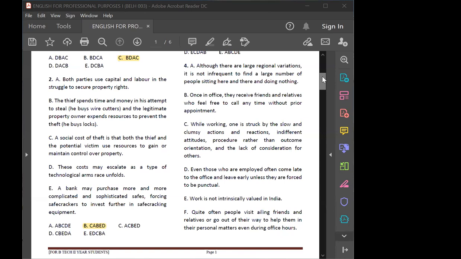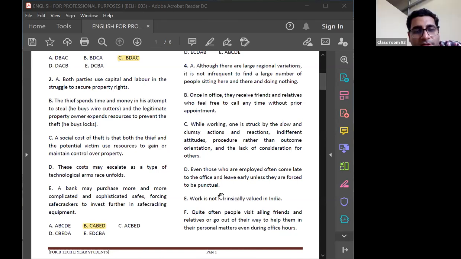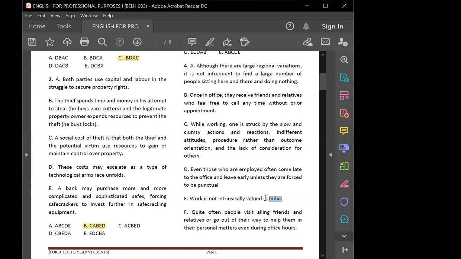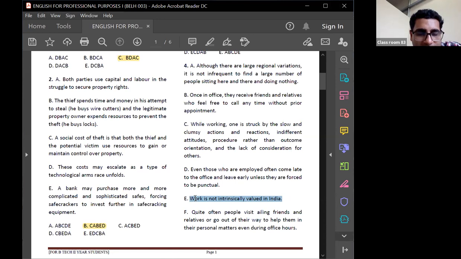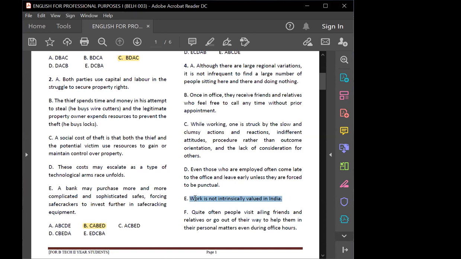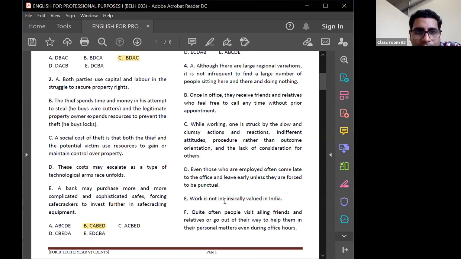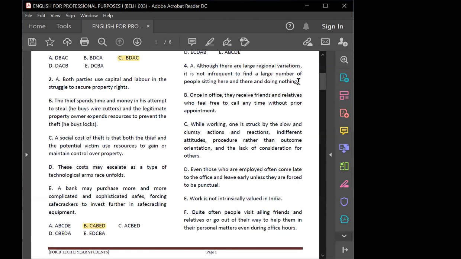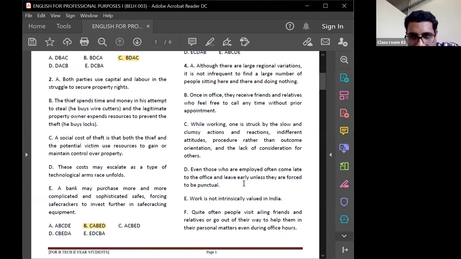If it can be the opening statement, what should be the sentence which it should follow or precede? If I start with E, then I can put D after it, and then B or C. If I say work is not intrinsically valued in India, it will be a generic statement, an opening statement, which gives you an idea of what follows. Now, if A comes after E, which says that although there are large regional variations, it is not infrequent to find a large number of people sitting here and there and doing nothing, then D comes next.